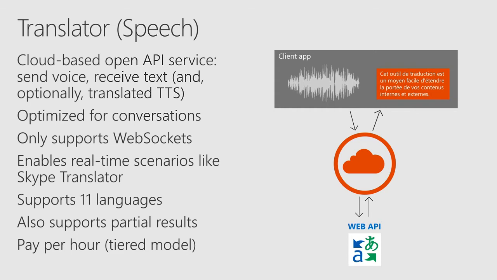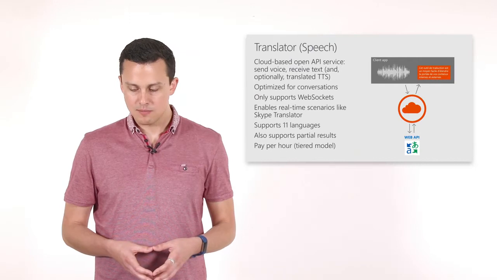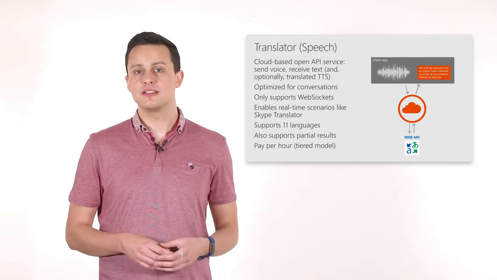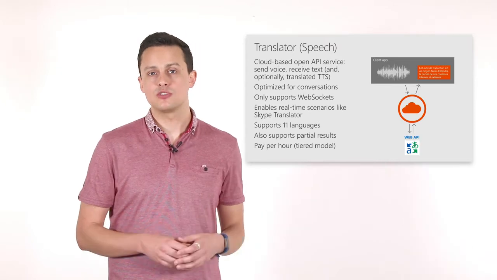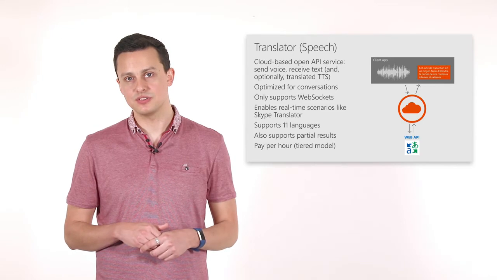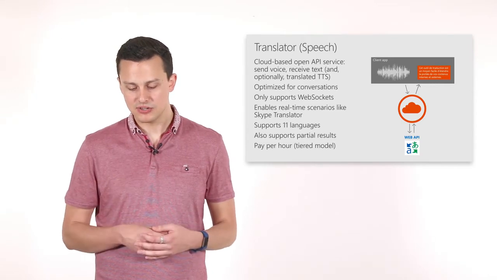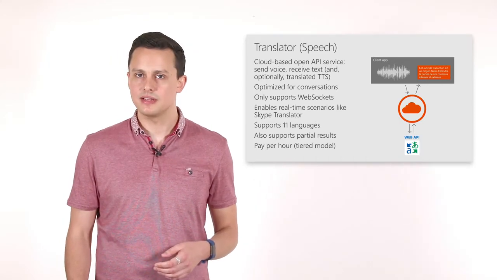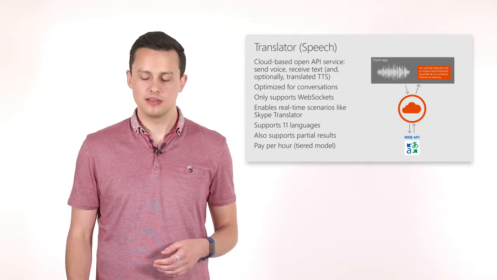So this is optimized for conversations and is designed to enable services like Skype Translator, which enables conversations between people speaking in different languages. Because it is an advanced set of functionality, it does support a few less languages than the mainstream Bing Speech or Text Translator. But it supports many of the same features, like WebSockets connections and partial results. Let's take a look under the covers and see how they managed to provide this service.